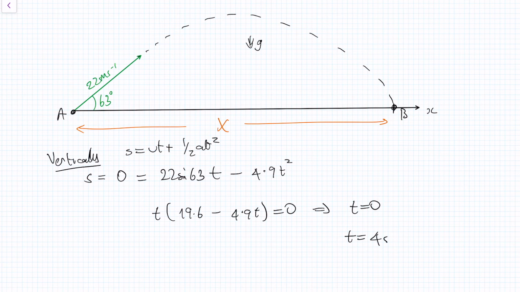It takes 4 seconds for this object to move from A to B, and horizontally, distance is speed times time, so it's 4 times 22 cos 63, which turns out to be 4 times 10, which is 40 meters.